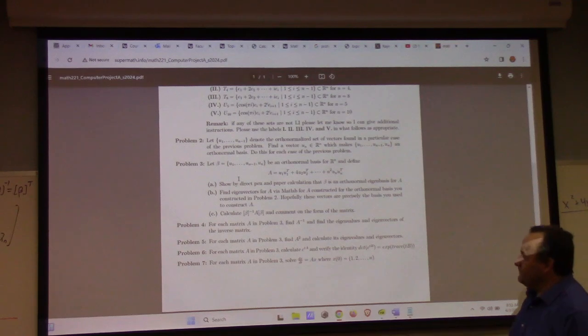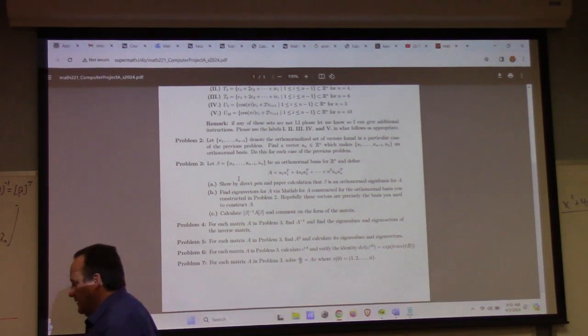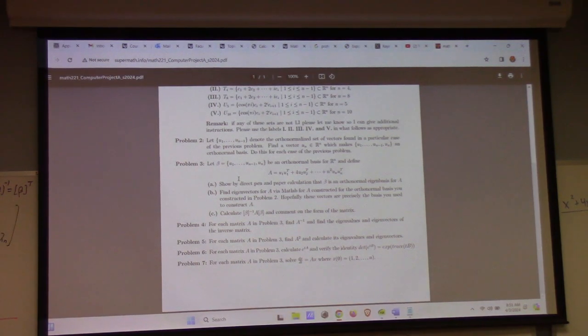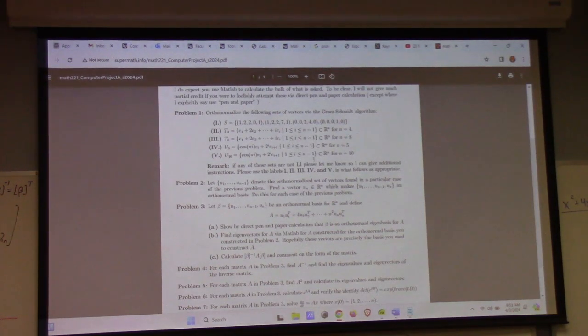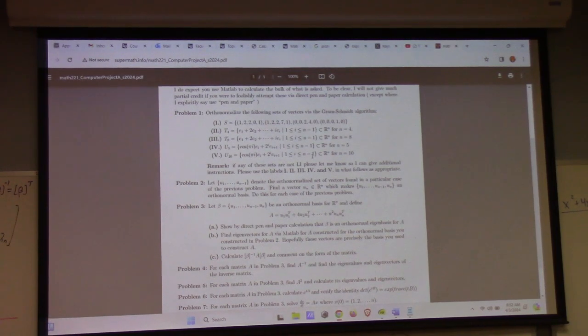Let's see, what else can I talk about? The one thing here that's probably most mysterious is I asked you to use the Gram-Schmidt algorithm to orthonormalize these sets of vectors. I haven't taught that yet, and I don't intend to.